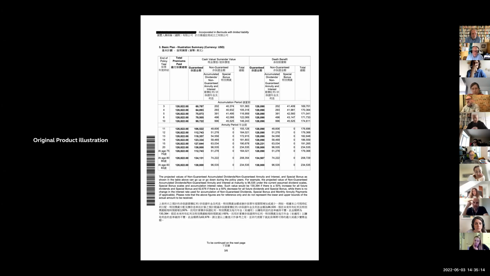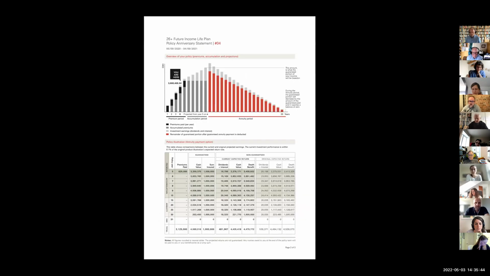You'll get one of these when you first take out a policy, and it will help you to see, oh, okay, by the time I get to the age of 75, I'll have this much money in there. Great. And then the expectation is that by providing an updated version of that every year, you're helping to manage customer expectations, and you're helping them to see if this is good or bad, or if it's still meeting their needs, and so on.